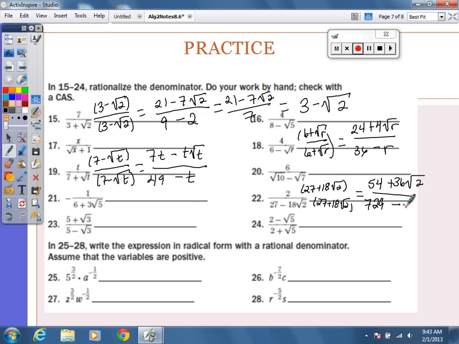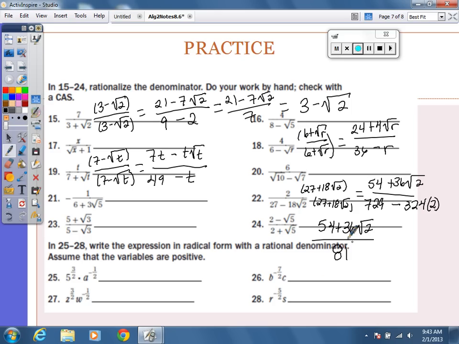So it's going to be 324 for the 18s, but then that's going to be times 2. So I'm going down below now. I get 54 plus 36 root 2 on the top over 729 minus 648 on the bottom, which is 81.